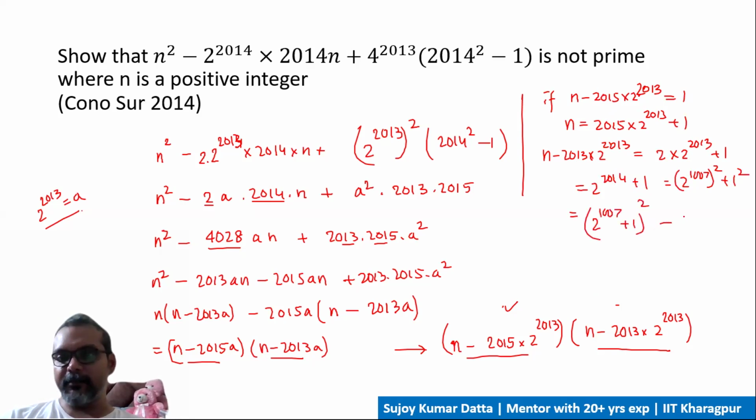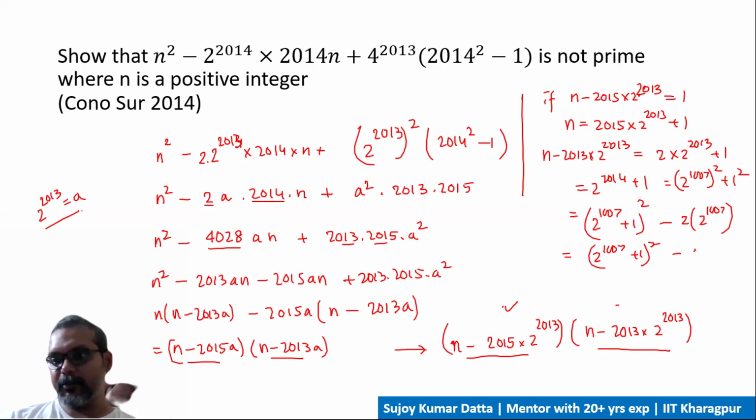and then we'll subtract 2ab. So this is now the square of something, and this is 2 to the power 1008, which is 2 to the power 504 whole square. 1008 a squared minus b squared. So we'll have two factors for this.